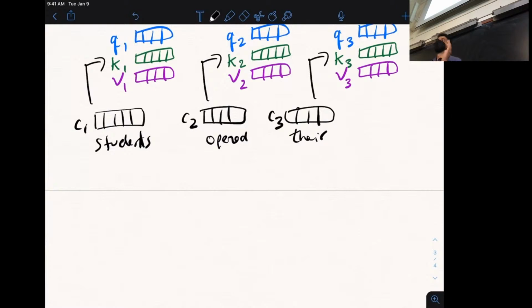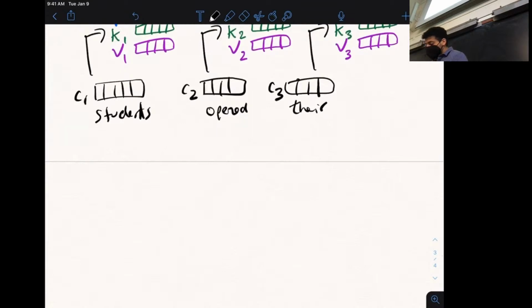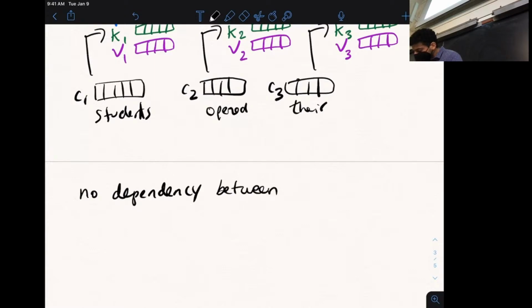The probability is 100% on this first value vector. It's quite trivial. Okay, so what is interesting about this new formulation? There is no dependency between the z's, z sub 1, z sub 2, z sub 3. I don't need to compute z sub 1 before I compute z sub 2, like I would in a recurrent neural network.